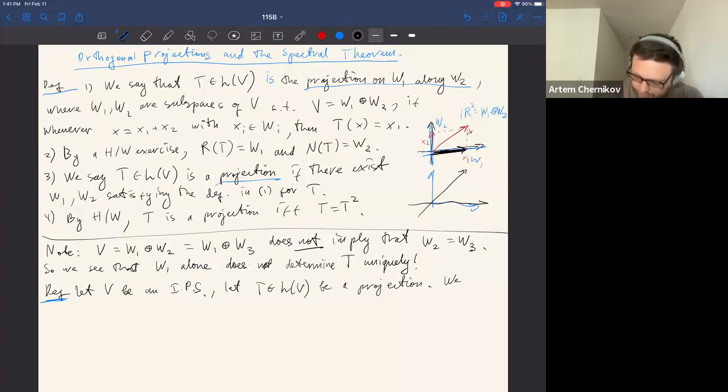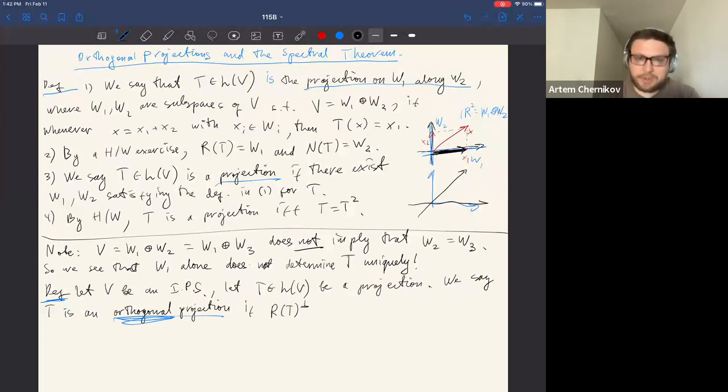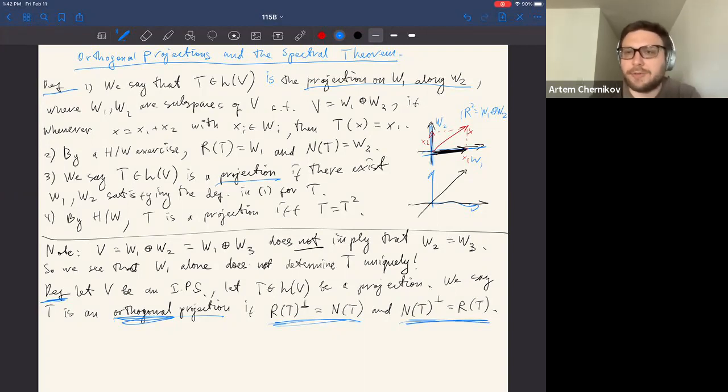Then we say that T is an orthogonal projection if we also have additionally that the orthogonal complement of the range of T is equal to the null space of T. And similarly, we have that the orthogonal complement of the null space of T is equal to the range of T. Okay, so we have these two additional requirements for a projection, in which case we will call it an orthogonal projection.